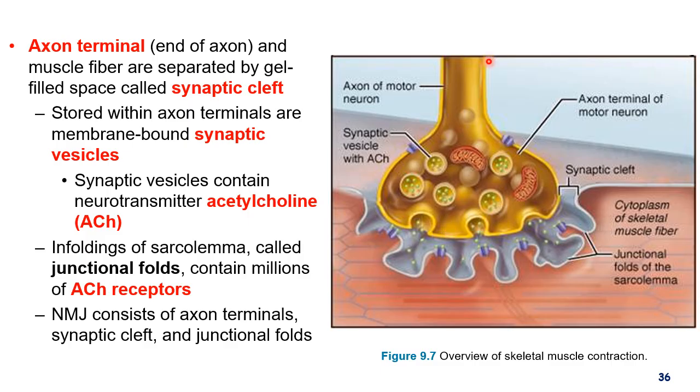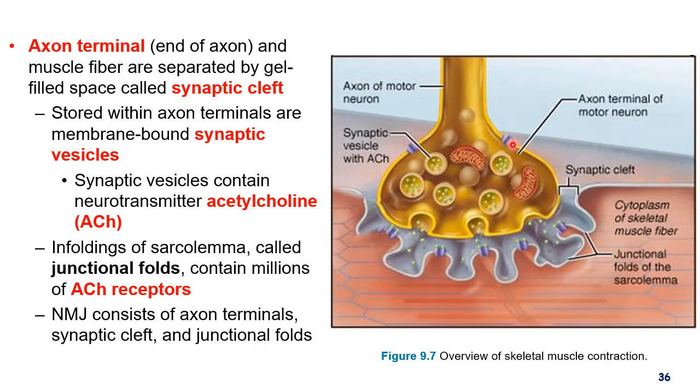So let's say that you are thinking about contracting the muscle. You send the stimulus, you send the electrical signal. The electrical signal comes down through the axon and is going to hit another type of voltage gated channel over here.